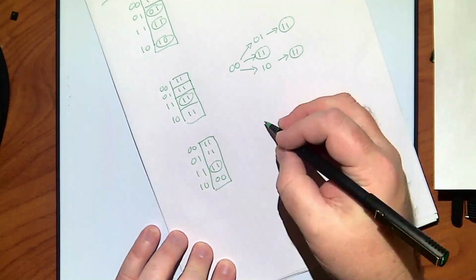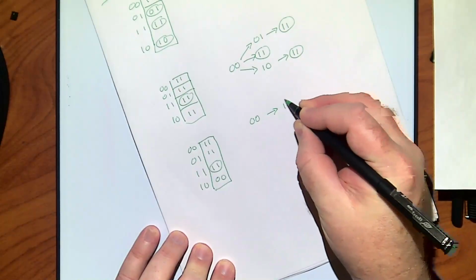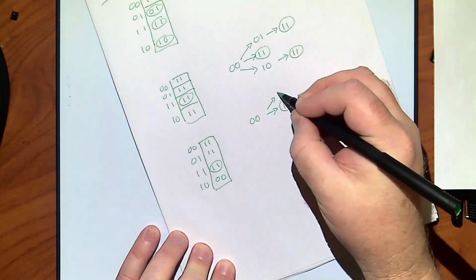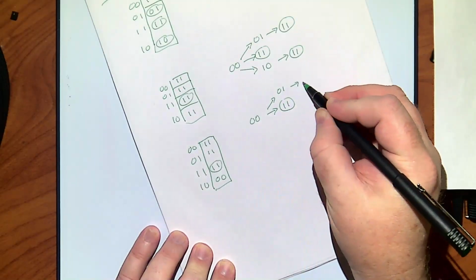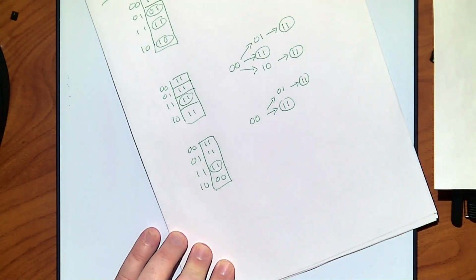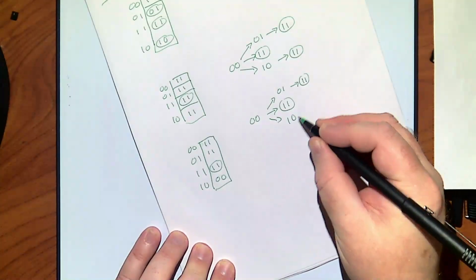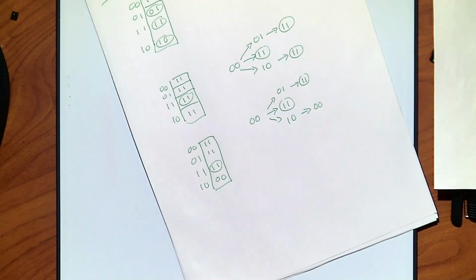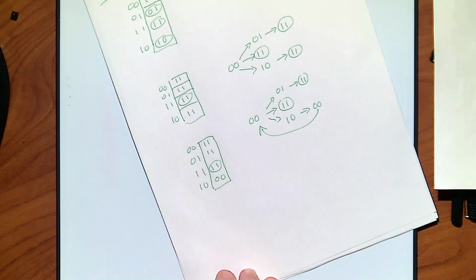Now, 0, 0 wants to go to 1, 1. If it does it, yay. If it goes to 0, 1 first, 0, 1 goes to 1, 1. Does that matter? If it goes to 1, 0, 1, 0 goes back to 0, 0. What happens? 0, 0. Now I've made a cycle.